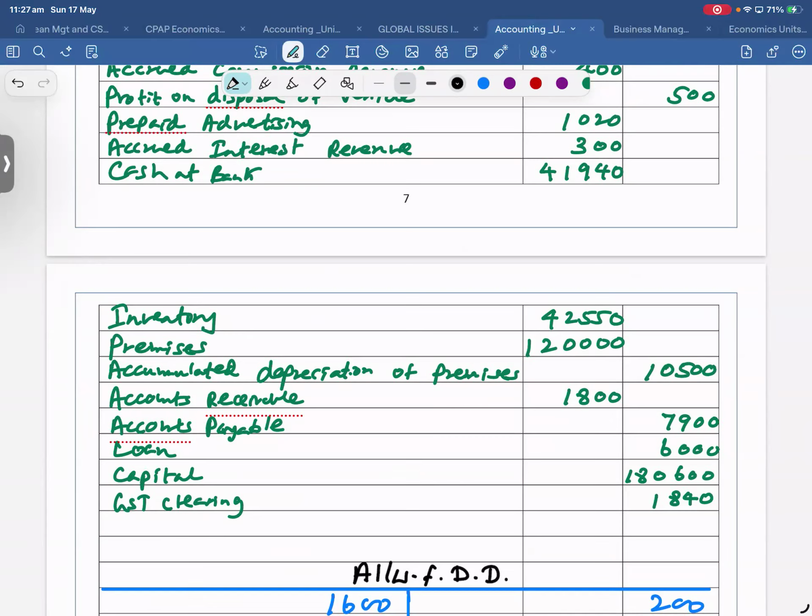Okay, all right, guys. Then we'll do the theory questions later. We'll do the income statement and balance sheet.